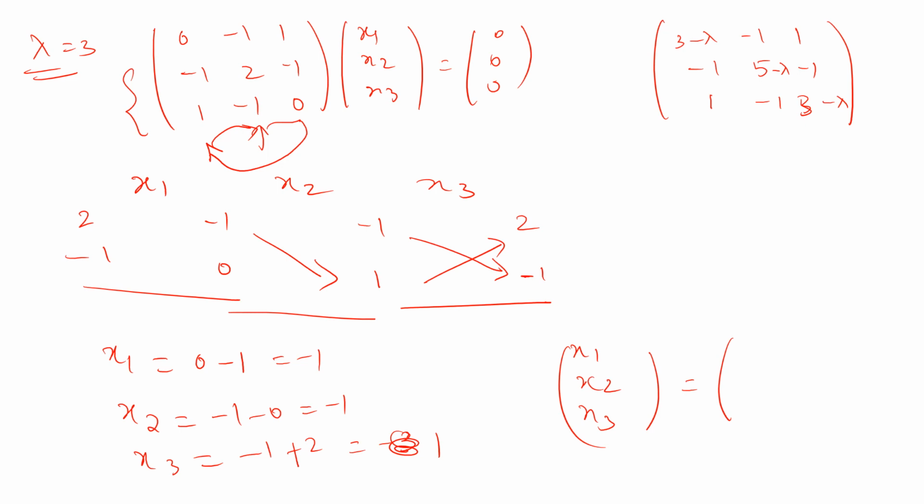Plus 1, and then it is minus 2, so this will be plus 1 minus 2, so minus 1. So the vector is minus 1, minus 1, minus 1, which in simplified form is 1 1 1. So this is an eigenvector.